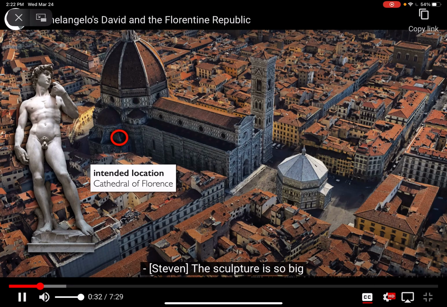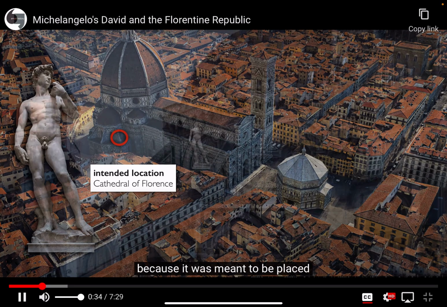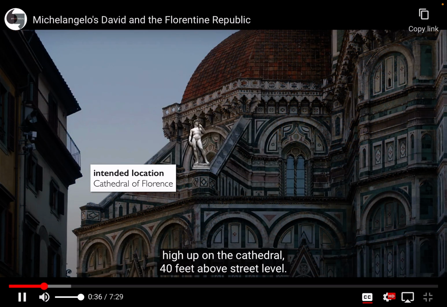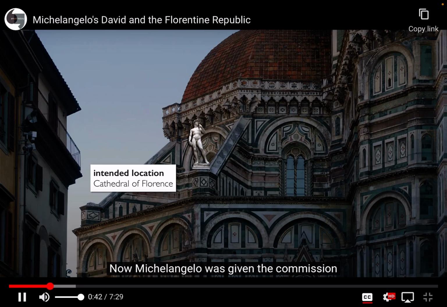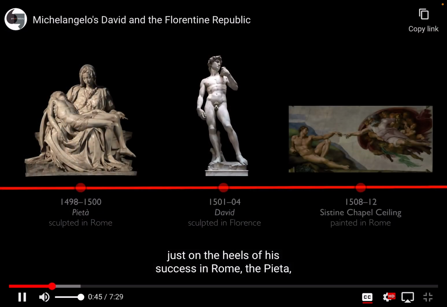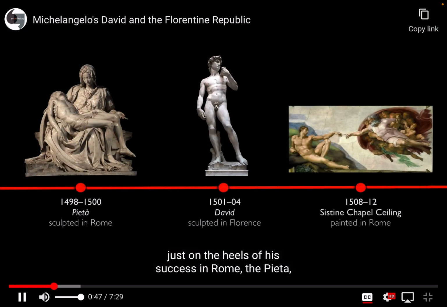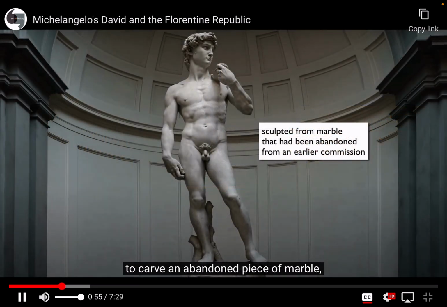The sculpture is so big because it was meant to be placed high up on the cathedral, 40 feet above street level. And so in order for it to be visible, it had to be big. Now, Michelangelo was given the commission just on the heels of his success in Rome, the Pietà. And it was such an outstanding success that the Florentines decided to give him an opportunity to carve an abandoned piece of marble, a huge block that had once been part of an earlier commission.